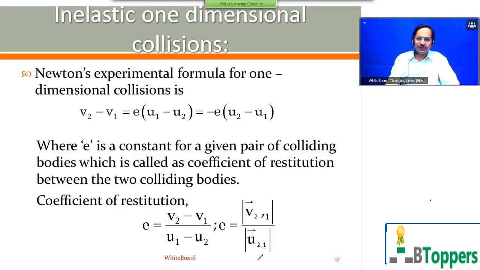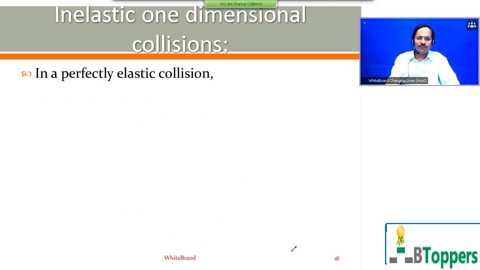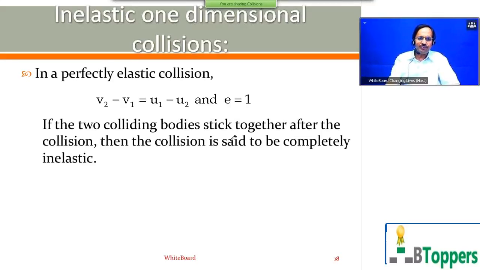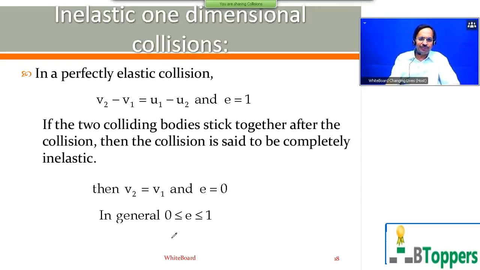I am going to show you the continuation of the notes. In a perfect elastic collision, v2 minus v1 equal to u1 minus u2 and e is 1. If the two colliding bodies stick together after the collision, then the collision is said to be completely inelastic. Then v2 equal to v1 and e is 0.